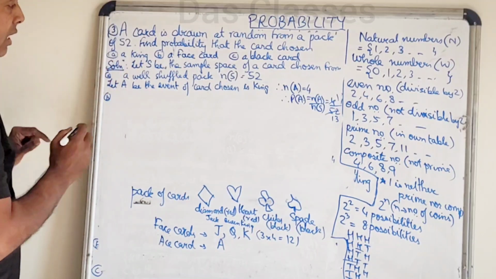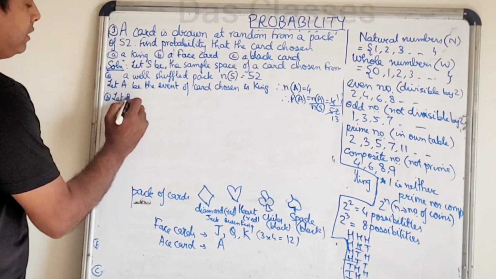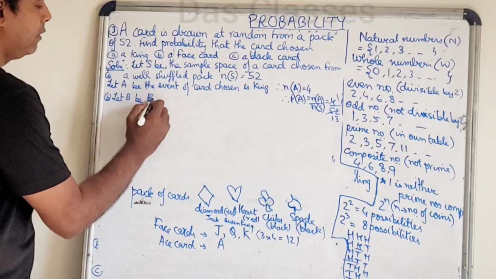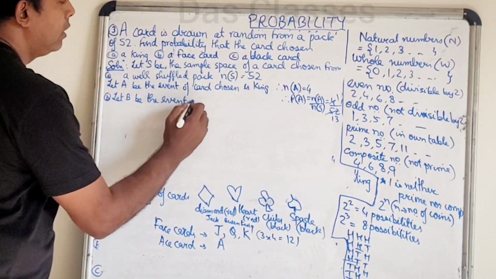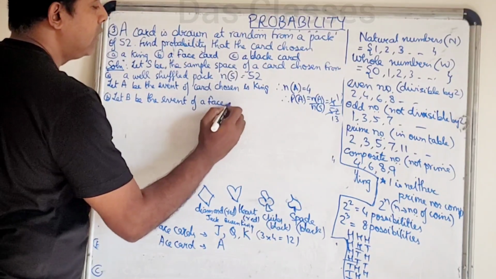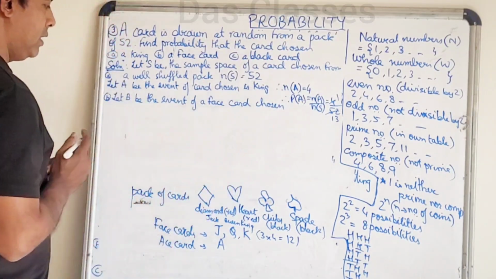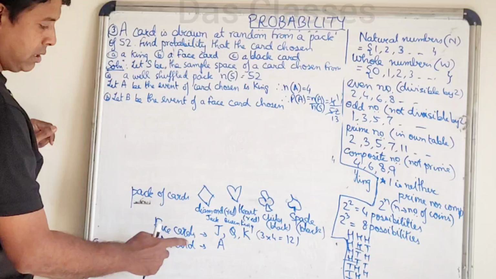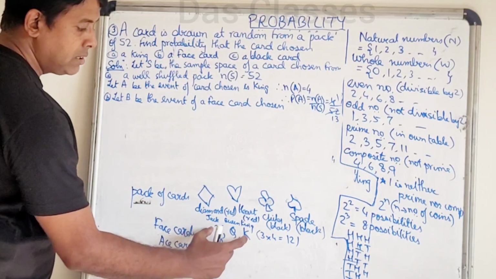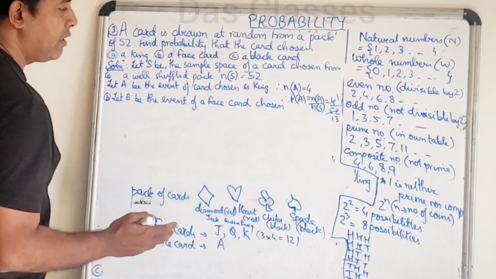Second question, a face card. Let B be the event of a face card chosen. So face cards. These are the face cards. In each of them 3. So total there are 12.